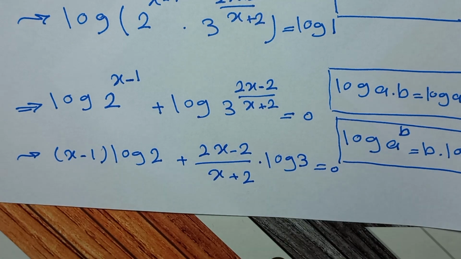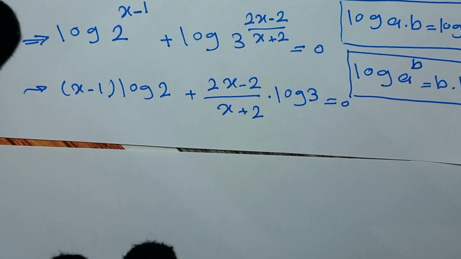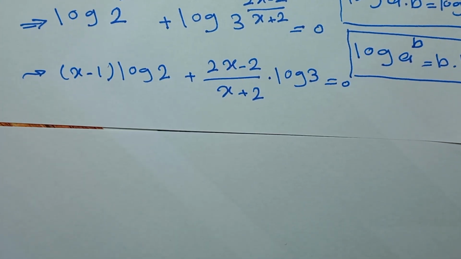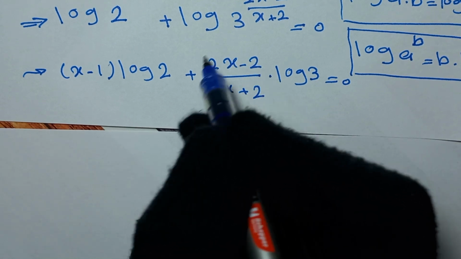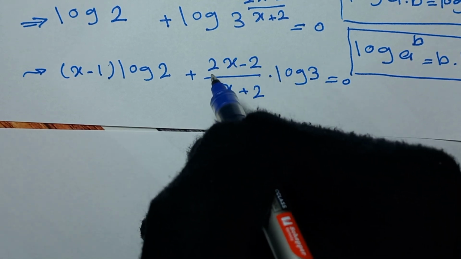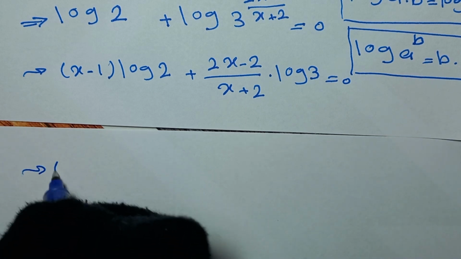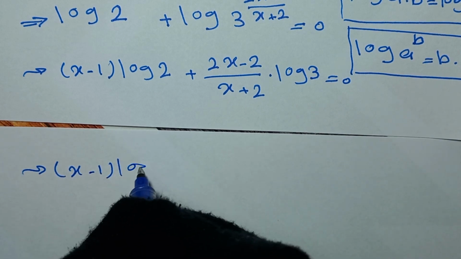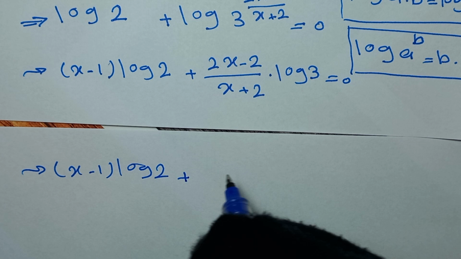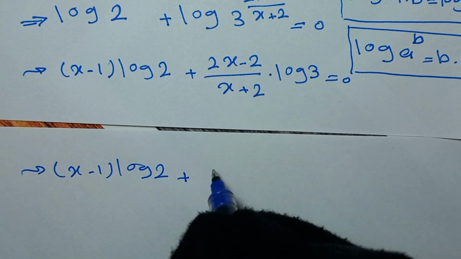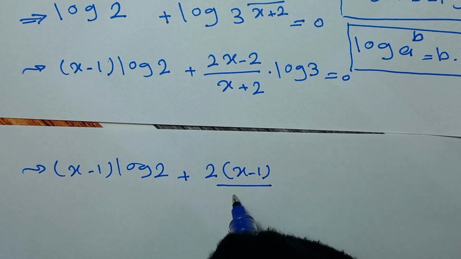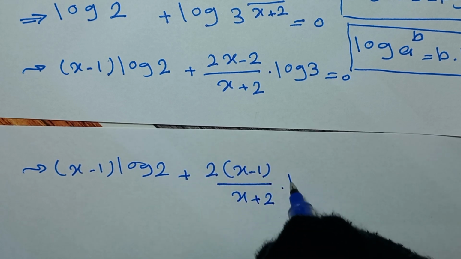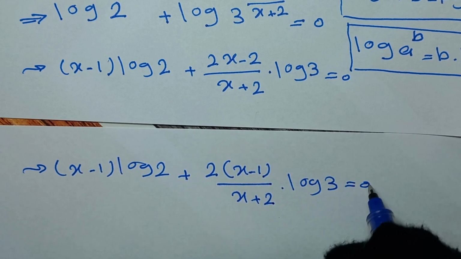is equal to 0. And in the next step, here we can factor. Here we have 2x minus 2, and here we can factor 2, and it will be, we write here, x minus 1 log of 2 plus, if we factor 2, it will be 2 times x minus 1 over x plus 2 times log of 3 is equal to 0.